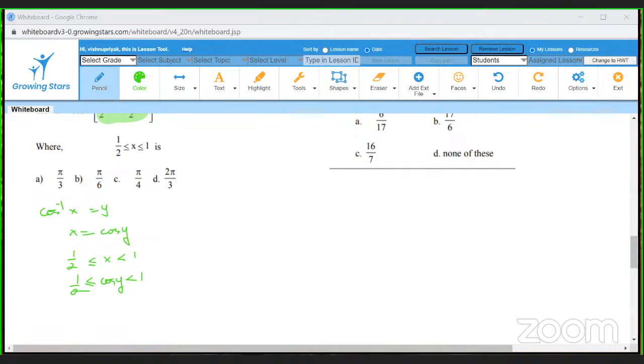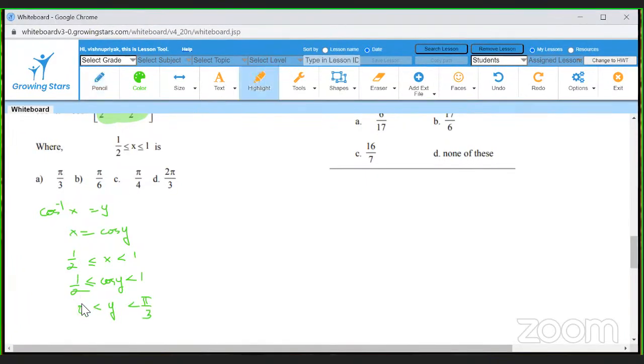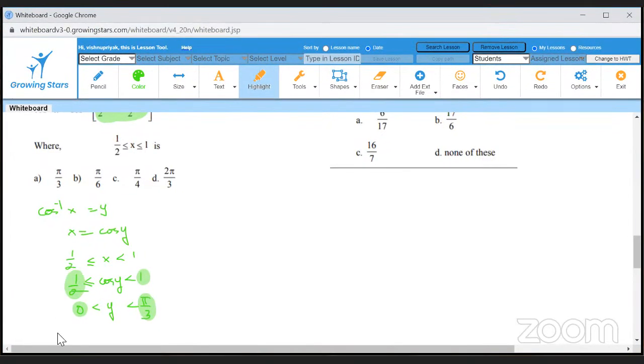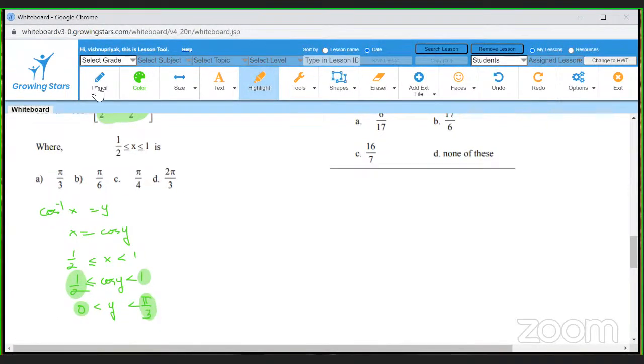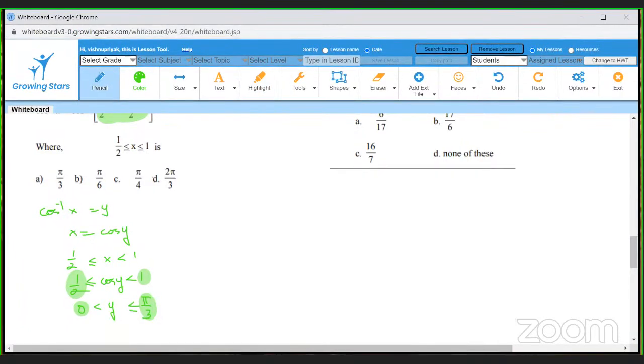Cos y is in between 1 by 2 and 1 means y will be in between 0 and pi by 3. Because cos 0 is 1, cos pi by 3 is 1 by 2. That is why I can write it like this. If cos y is in between 1 by 2 and 1, y will be in between 0 and pi by 3.